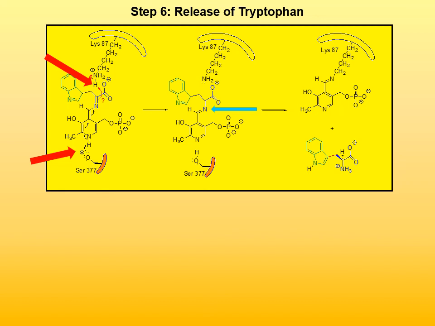So this is the carbon-nitrogen double bond, to which lysine nitrogen adds, and in a series of addition and elimination reactions, exchange occurs. This is the amino group of lysine that participates in the exchange. And here is the molecule of tryptophan that leaves the active site of the enzyme.